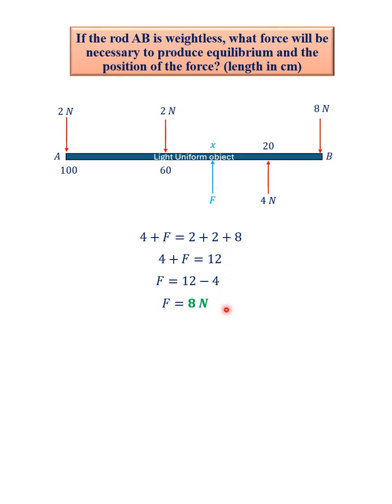You will agree with me that while taking the moment of a force, we take moment about a point. In this case, we can take any of these forces at a point as the point. But I am going to solve by taking moment about point B, about this 8 Newton force.